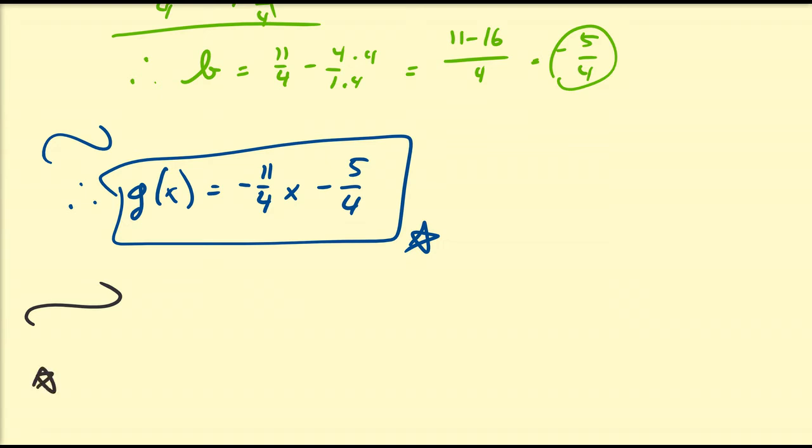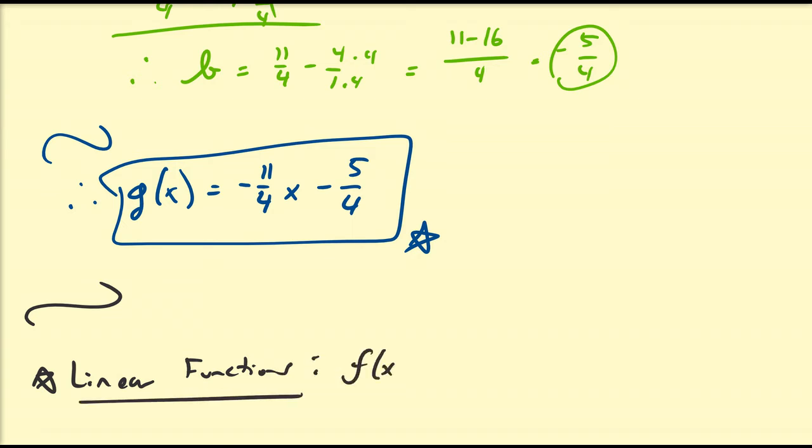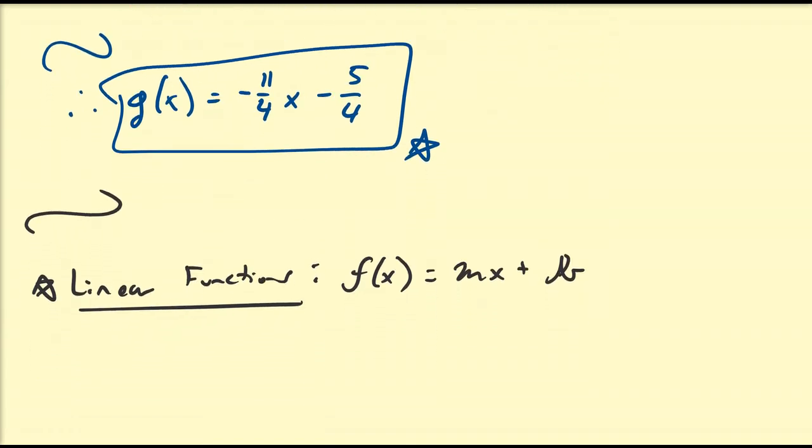All right, so in general, linear functions are ones of the form f of x is equal to mx plus b. So what is the domain of these types of functions?